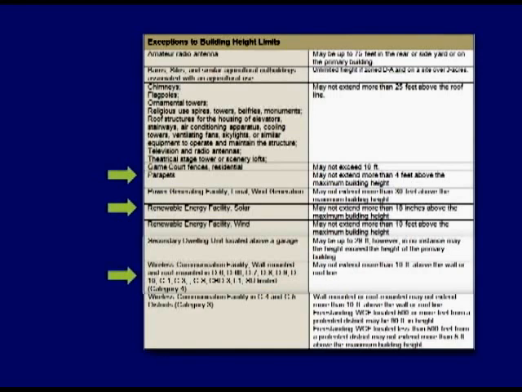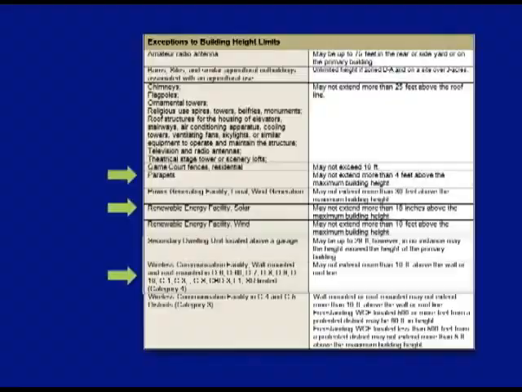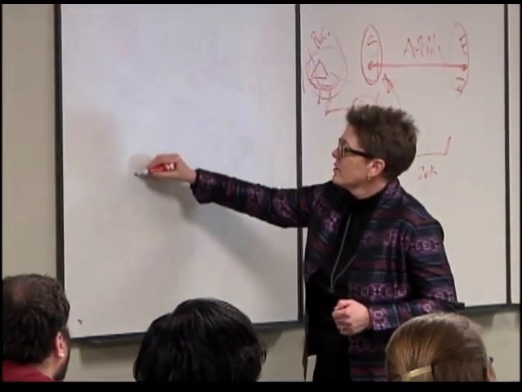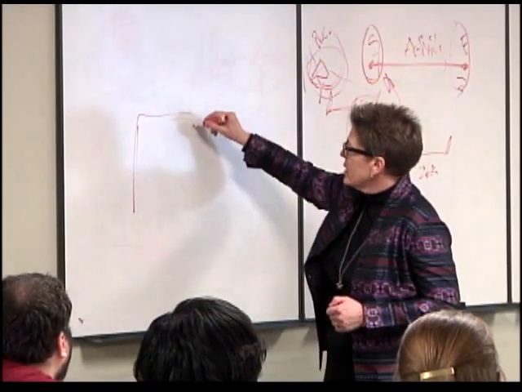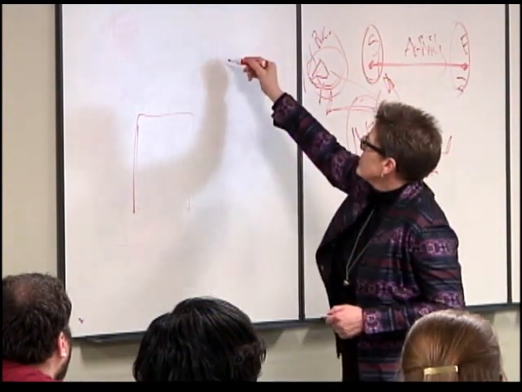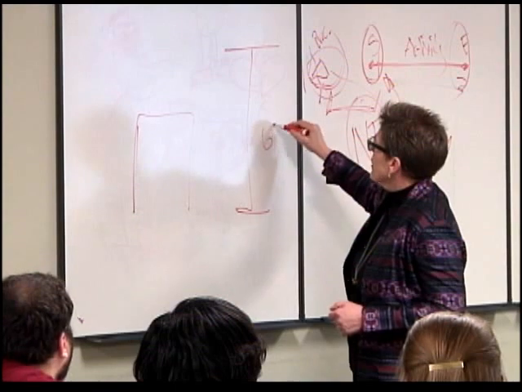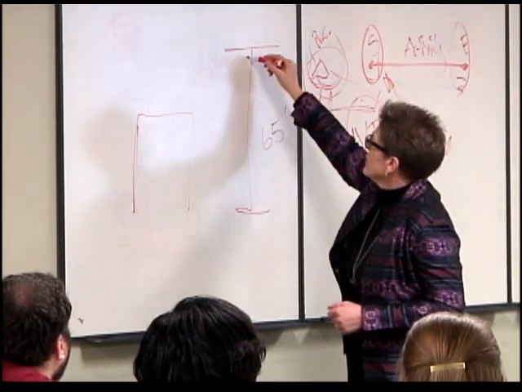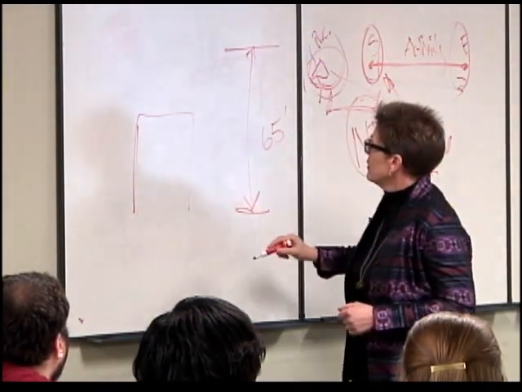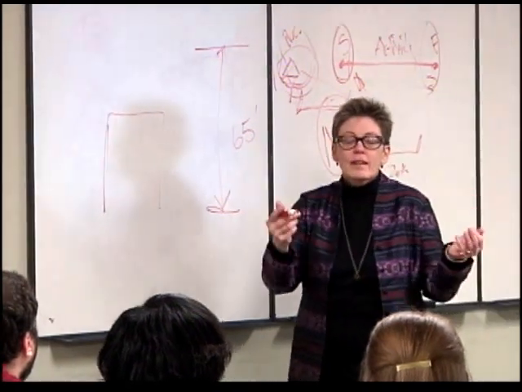A question came up about the wind turbine height, and I just want to take a moment and kind of answer the question that I had before, which was, if you have a building here and it's lower than the maximum building height, because we've got 65 feet in some of our districts, what does that exception say?